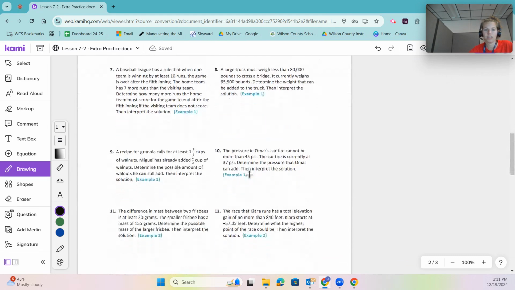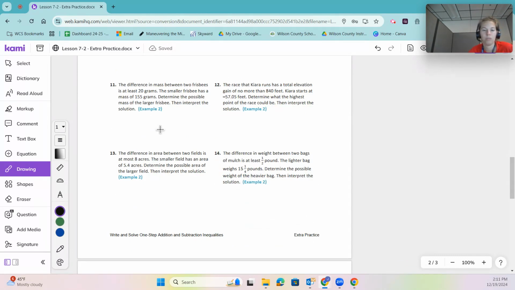We're going to take a look at one more type of problem here. It says the difference in mass between two frisbees is at least 20 grams. So the difference is at least 20 grams. Again, the smallest amount is 20 grams, so that means the difference is going to be greater than or equal to 20 grams. It says the smaller frisbee has a mass of 155.